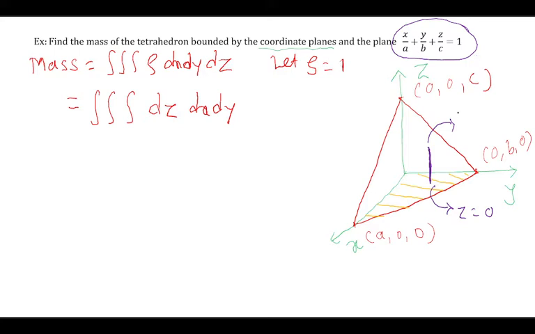Then you have to take c also, so z equal to c into 1 minus x upon a minus y upon b. So the limits of z are 0 to c into 1 minus x upon a minus y upon b. That is the upper limit.